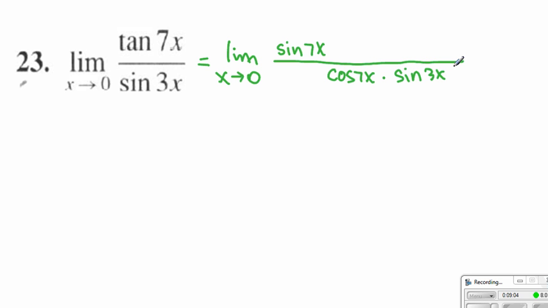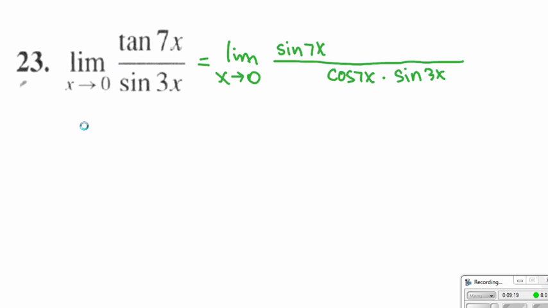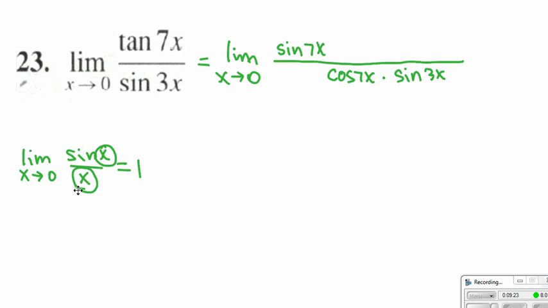One of the reasons why I have done it this way is to make use of the previous question. Let me go back to look into this identity: as long as the angles are the same, then sine of a particular angle over the same value will be equal to 1.